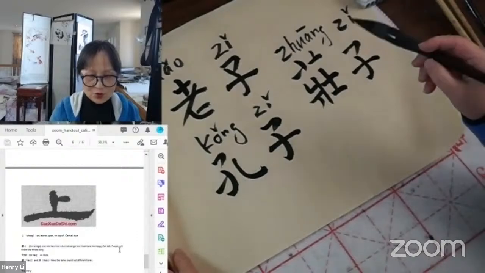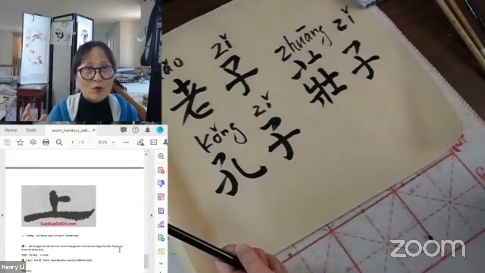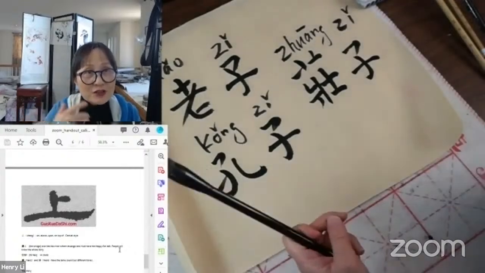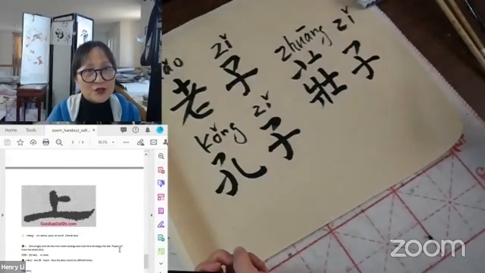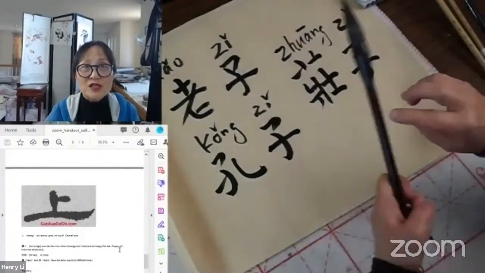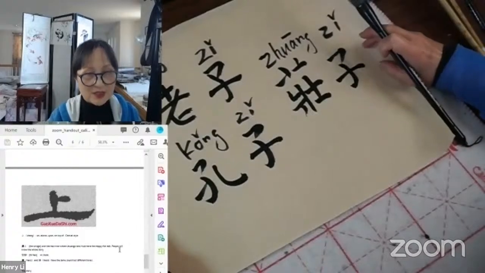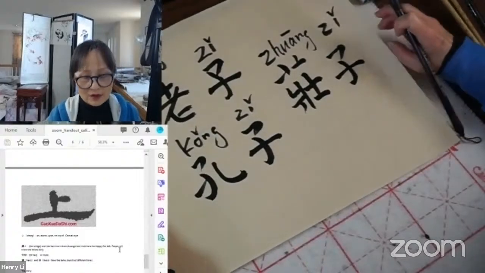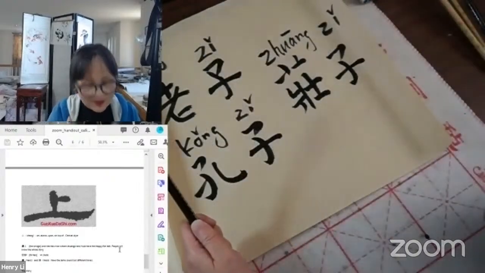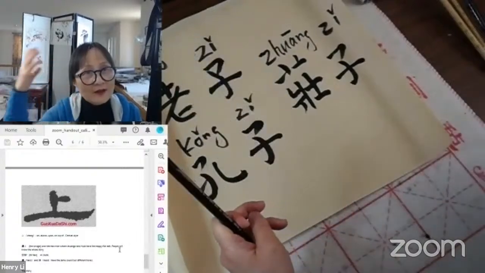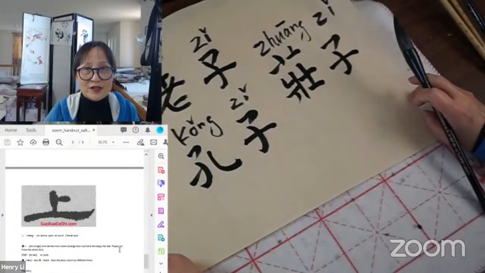And Zhuangzi is more open-minded and more subjective, more idealism. Of course he respects nature, but the most different thing from Lao Tzu is more subjective, more idealism. So all the story is about the fish.